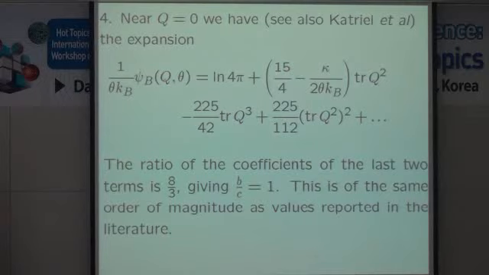Now, furthermore, you can do an expansion near Q equals 0. A similar expansion is also done in the paper of Katriel and co. And because you've just got one coupling constant and the temperature, you get some prediction. So you get this kind of expansion here, and you can compare it to the quartic model. And so the ratio of these two terms is 8/3, and that gives that these coefficients b over c, as I define them, is supposed to be 1.